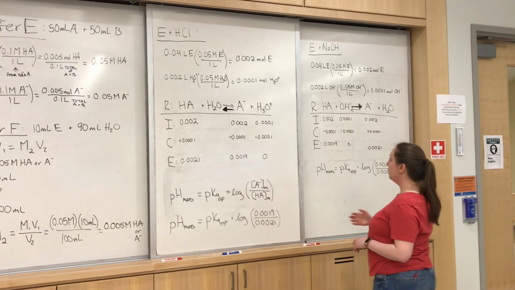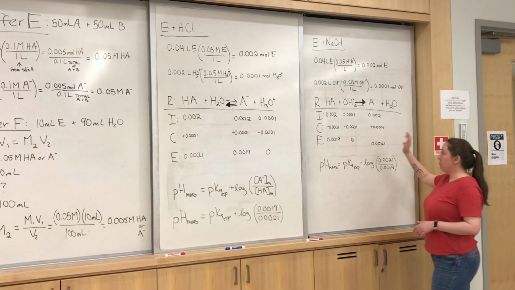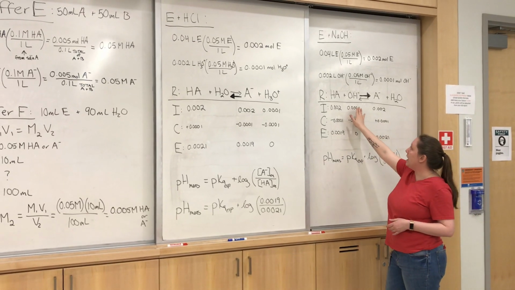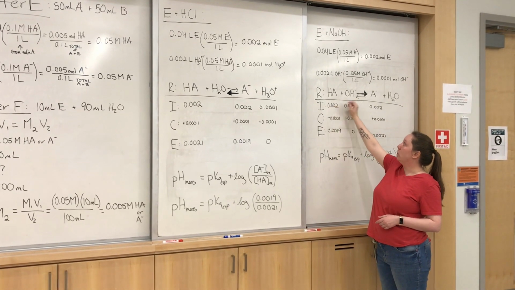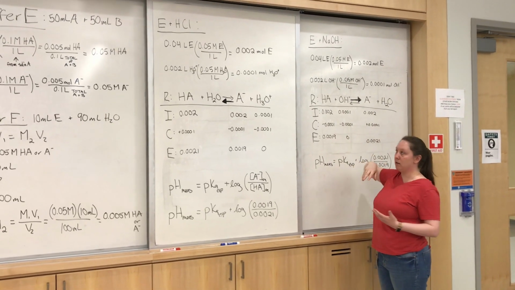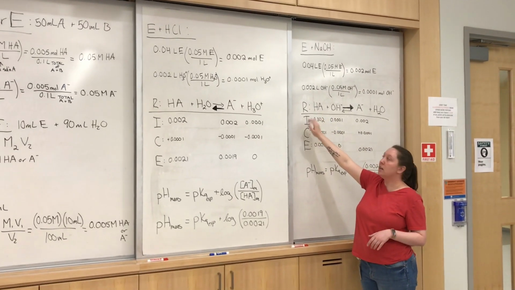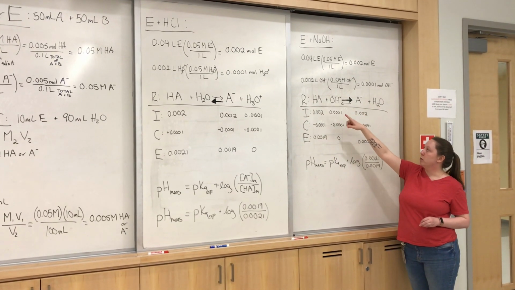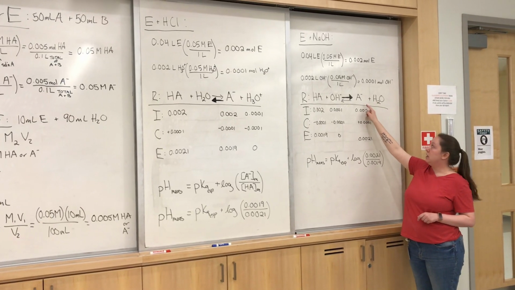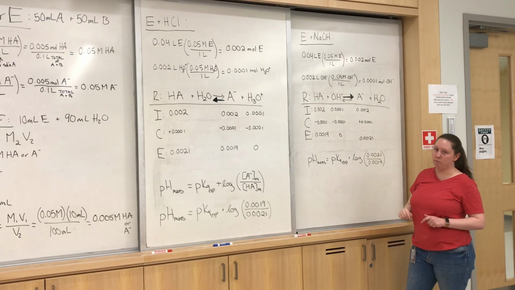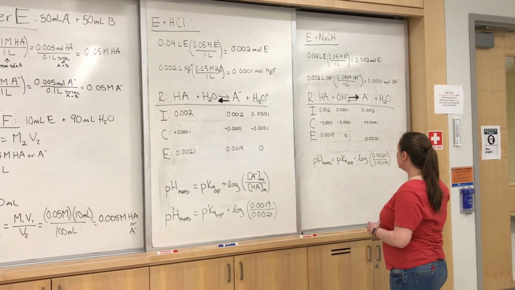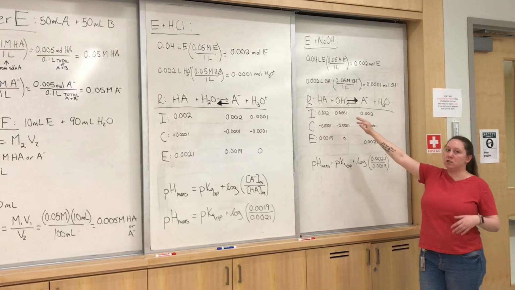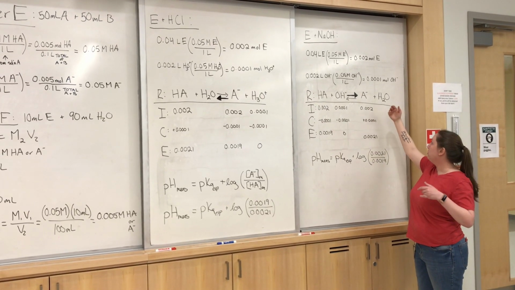Okay, so for the basic conditions, we have a new equation. When you put OH minus in a buffer system, it's going to react with the weak acid. It's going to steal that proton from the weak acid to make water. And you're going to be left over with A minuses. So we are using the same volume and concentration of OH that we did of H plus.